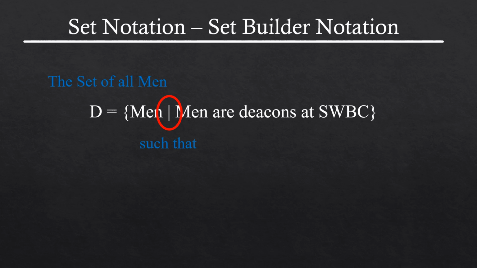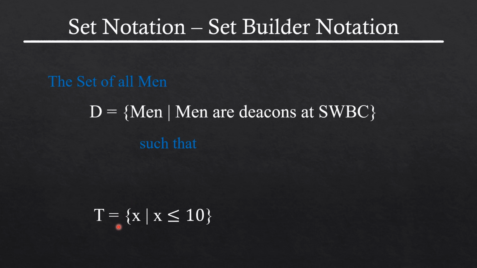The set of all men such that the men are deacons at Sweetwater Baptist Church. Now that is more of a descriptive set, and this is called set builder notation. The set D of all men such that the men are deacons at Sweetwater Baptist Church.